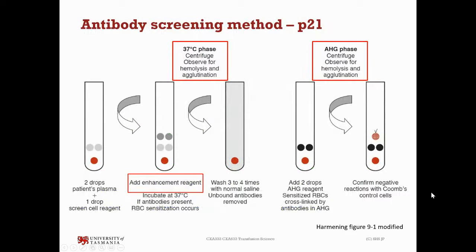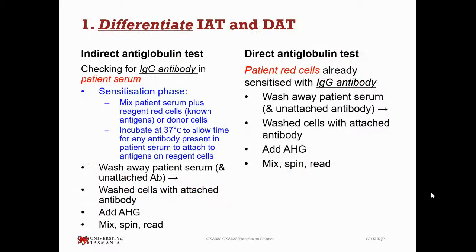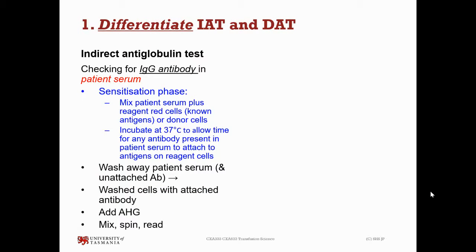Okay, so that is a beautiful image from Harmening from your book, and so again, that's for people who like images. So looking at the outline of the indirect antiglobulin test, where can we make errors, do you think?